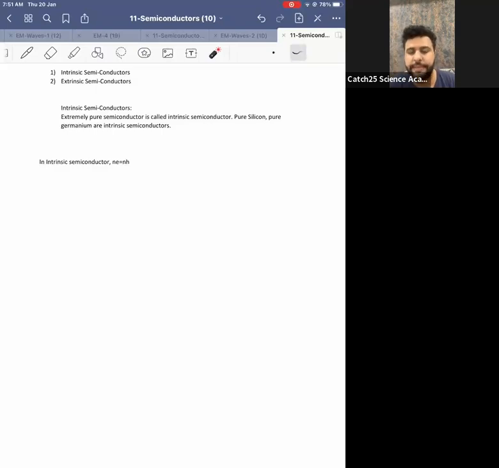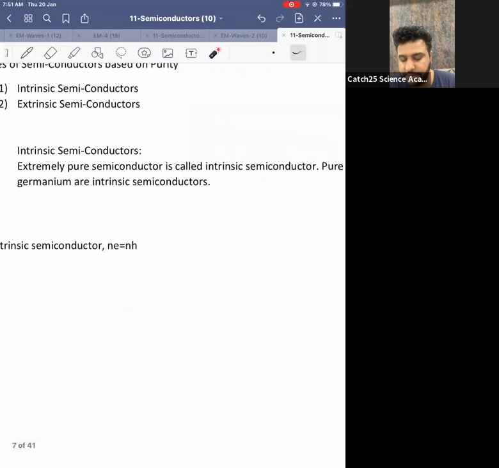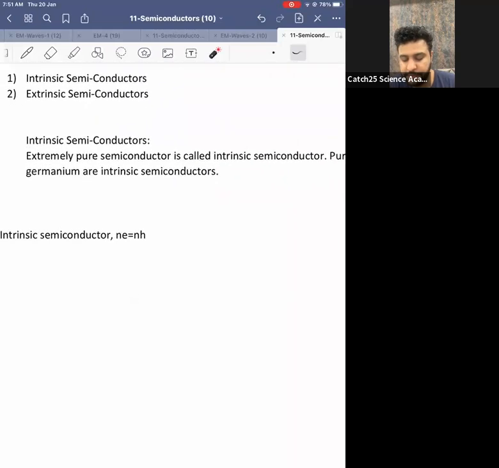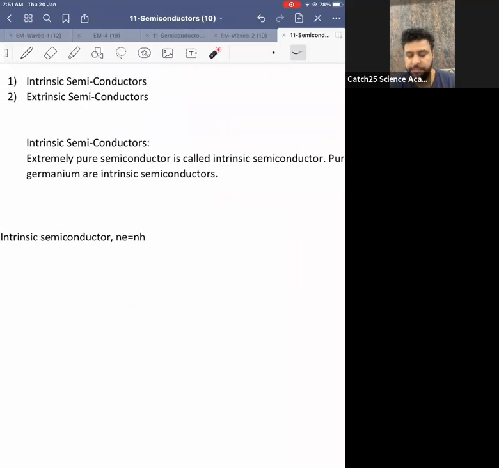First one, intrinsic semiconductor. Second one, extrinsic semiconductor. Well done. First one is intrinsic and second one is extrinsic.